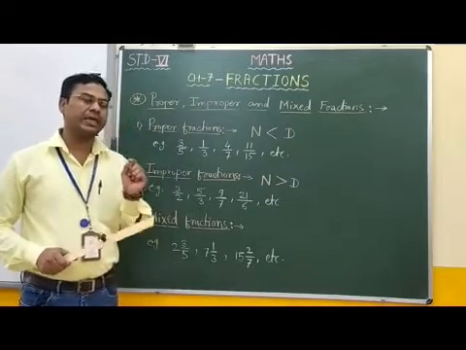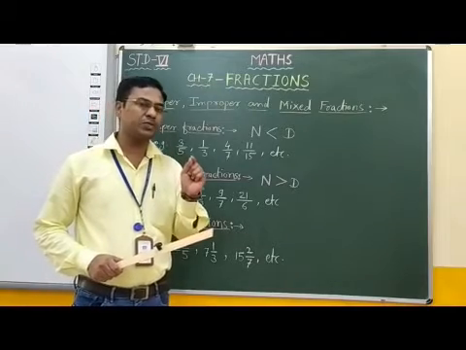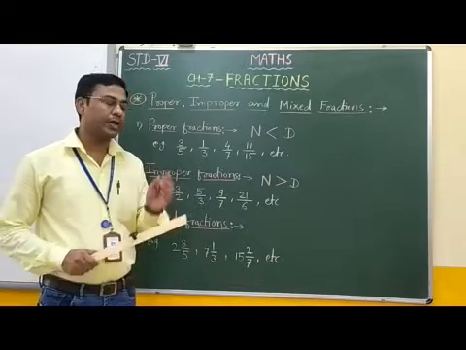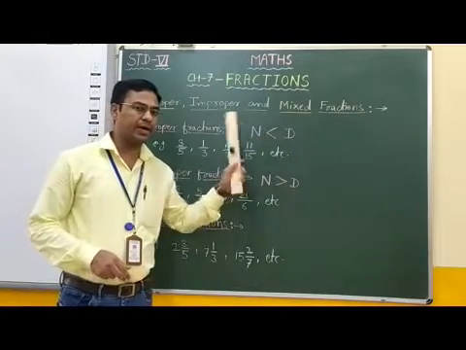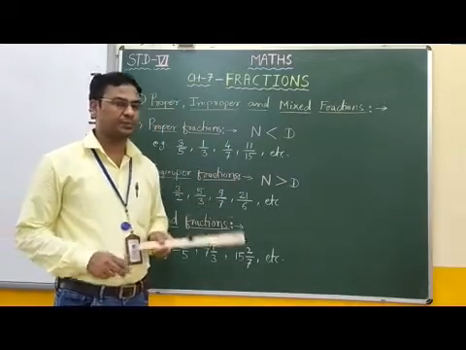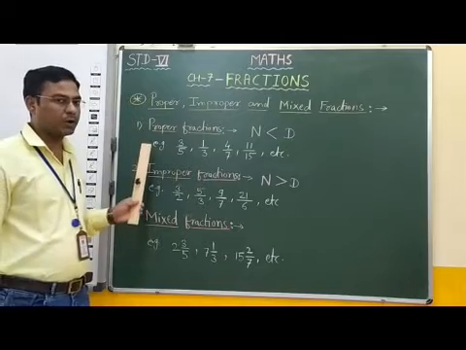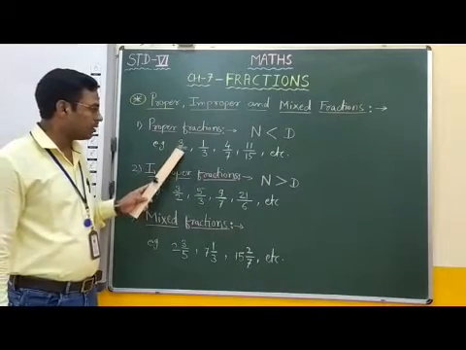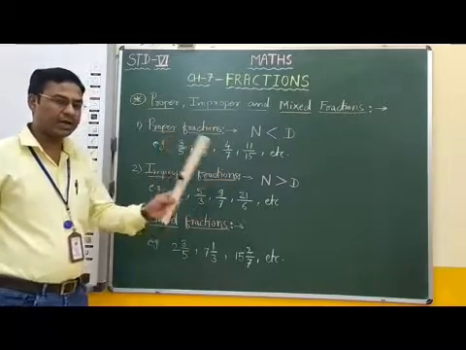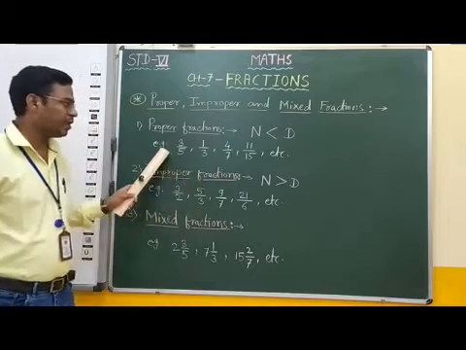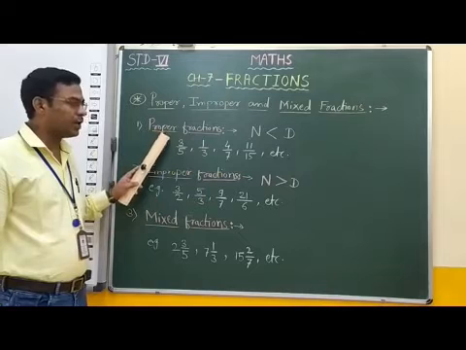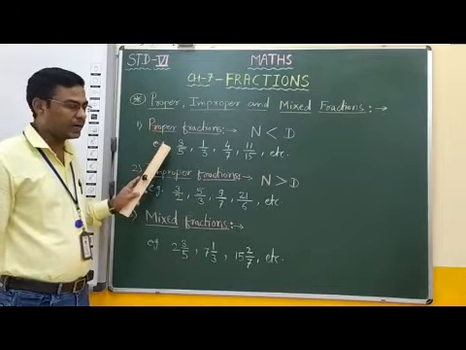Students, if in any fraction the numerator is smaller than the denominator, then this fraction is called a proper fraction. Some examples of proper fractions are 3 by 5, 1 by 3, 4 by 7, 11 by 15, etc. If you observe these fractions, in each fraction the numerator is smaller than the denominator.